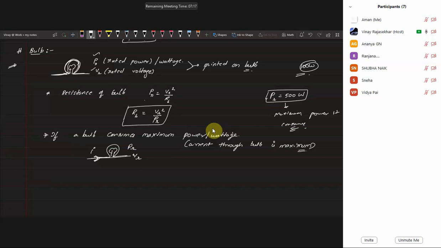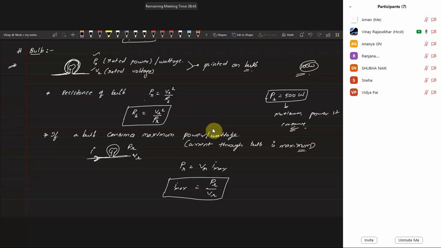Then I is the current passing through the bulb, that is nothing but the maximum current. So please remember, power rated is equal to voltage rated into current maximum, because the formula for power P is V into I. Then maximum current can be taken as power rated by voltage rated. If you can remember these two formulas, you will get most of the problems from these two points only.